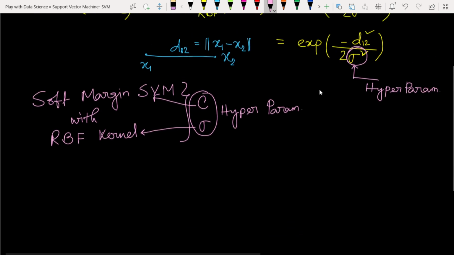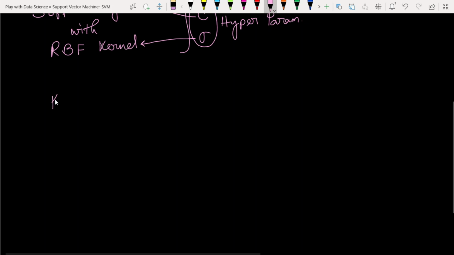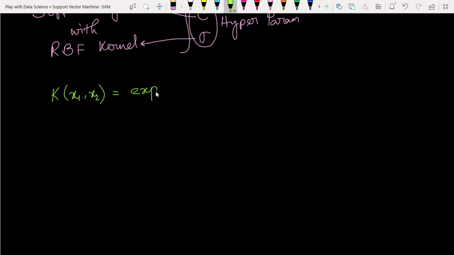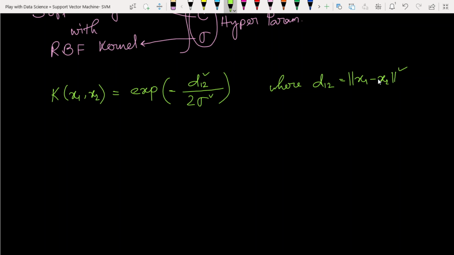First, rewrite our function. Our function K of x1, x2 is exponential of minus d12 square by 2 sigma square, where d12 is equal to the norm of x1 minus x2.